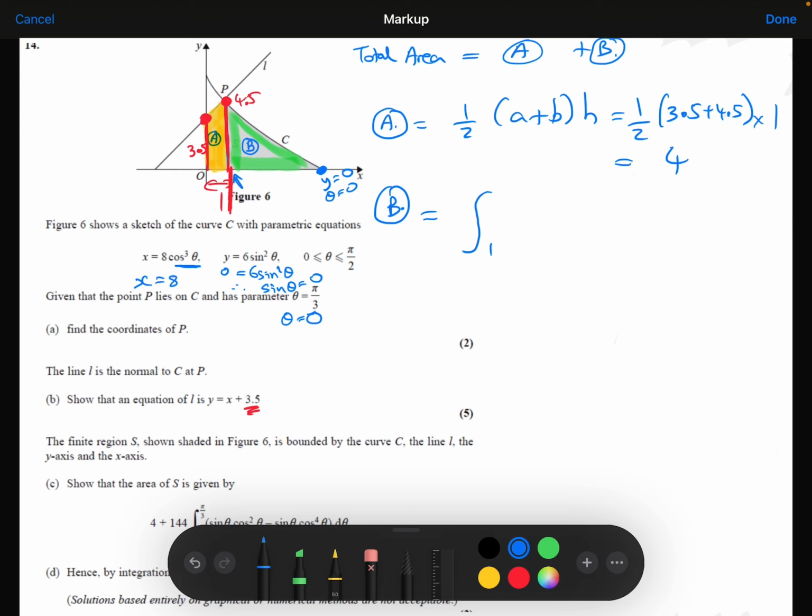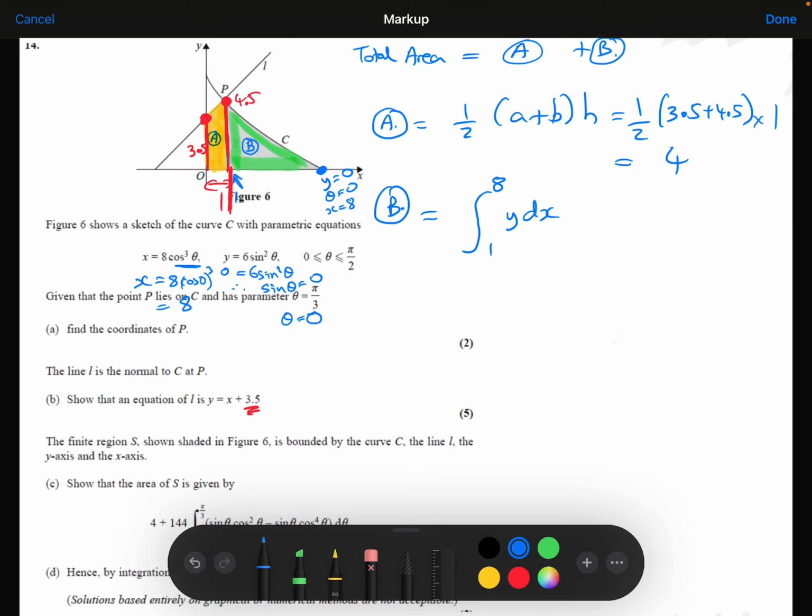So x equals 8 times cos 0 cubed, which is 8. So we're integrating between 1 and 8 of y with respect to x.